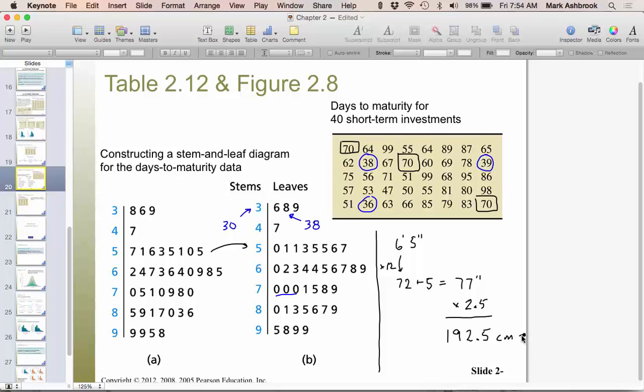And then I'm going to round that to the nearest centimeter. Okay, so what are we going to do? Our stem is going to be this.